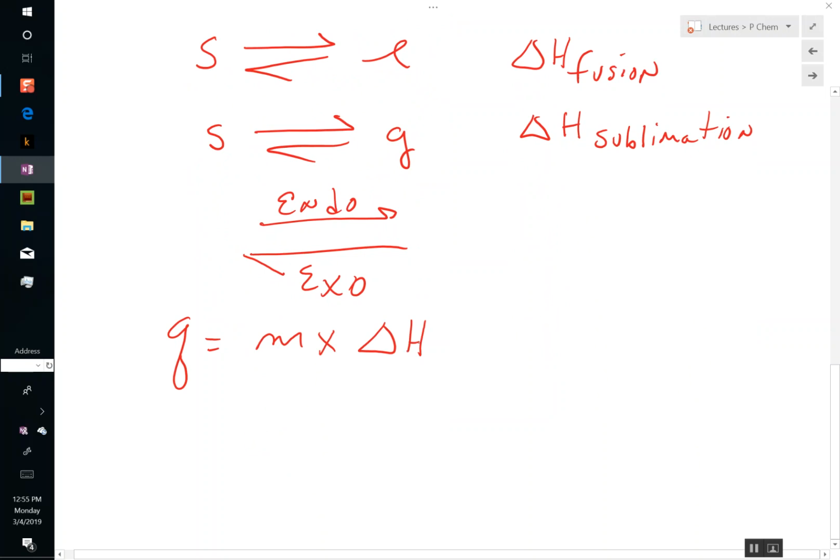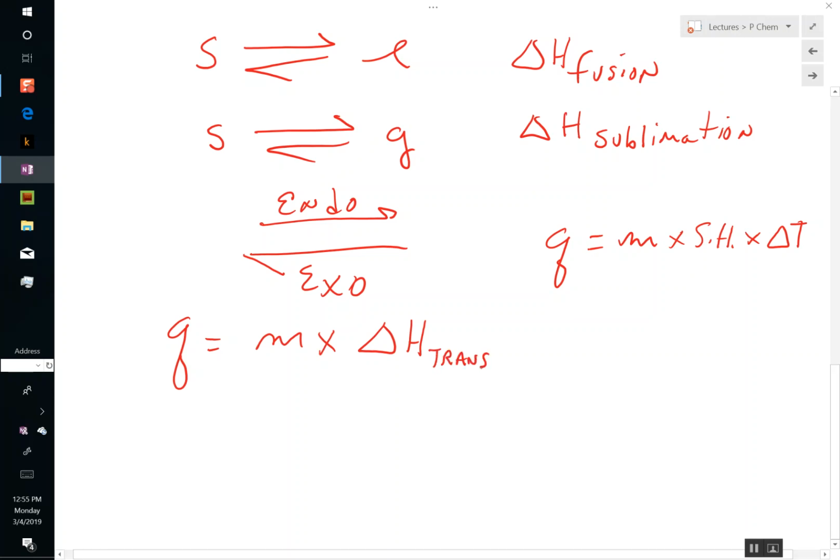Remember earlier we had this equation that Q equals M times the specific heat times the delta T, when we're talking about the amount of heat to heat up aluminum or heat up water or whatever. We're getting to a little simpler thing.